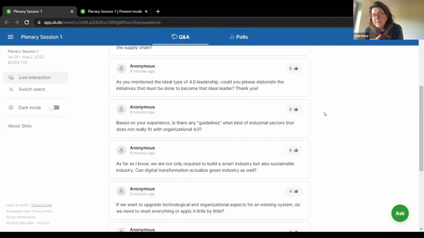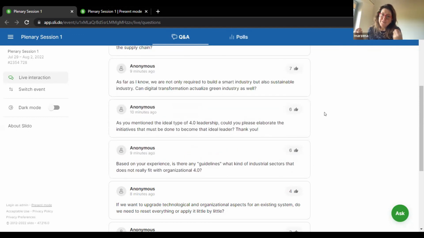So I think this new leadership is no more that I tell you what you have to do, but it's more to give you different insights, different reflection, and asking questions, trying to define the right way where our organization has to go.